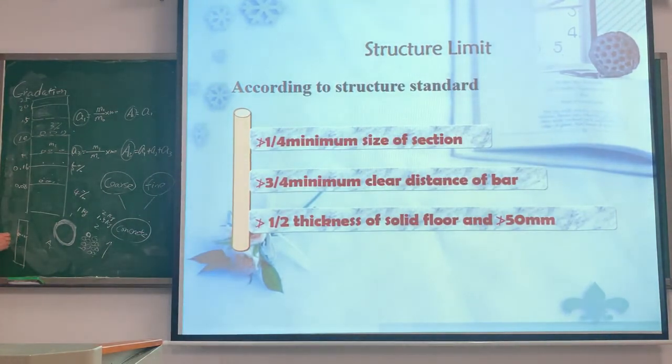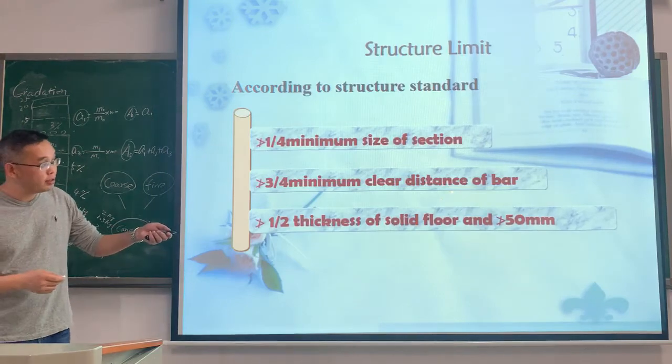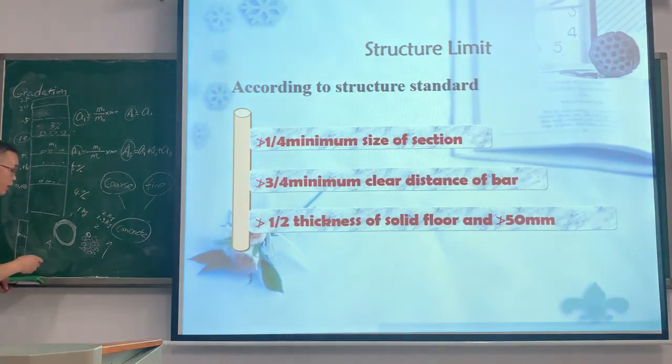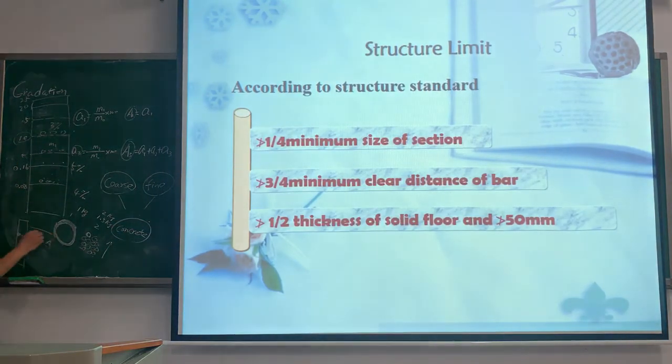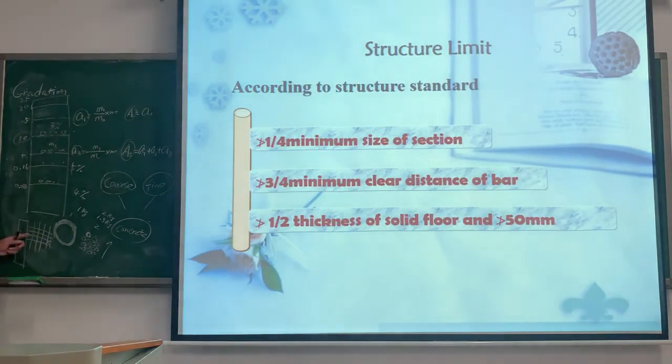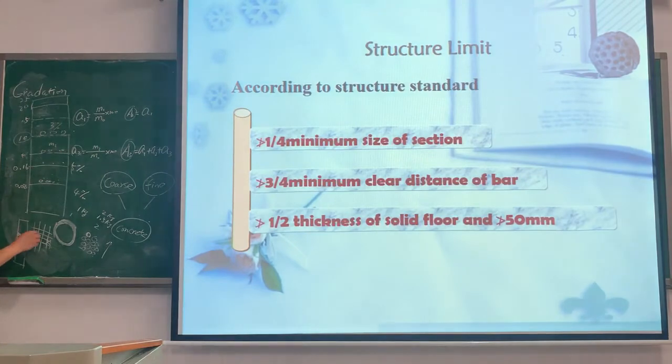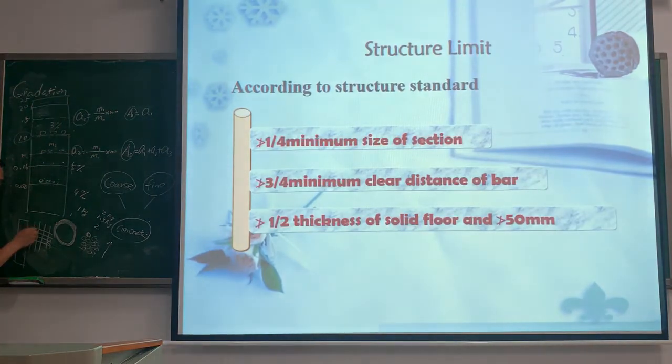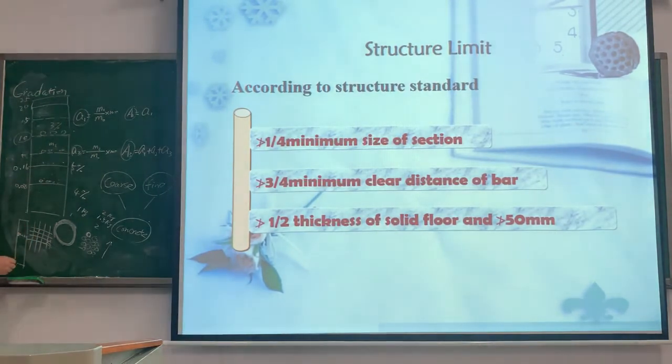And then for the steel aggregate, maybe we need many steel bars. And this is the volume. This is the distance between the bars.